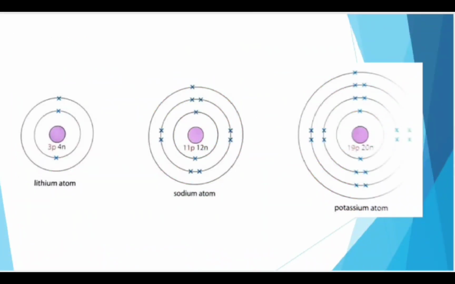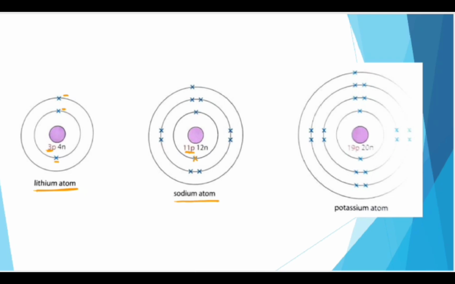Here, let's see how their atoms look diagrammatically. So, lithium, third in the periodic table, has 1, 2 and 3 electrons. Sodium, in the group 1 elements, is 11th in position, so it has 11 electrons.